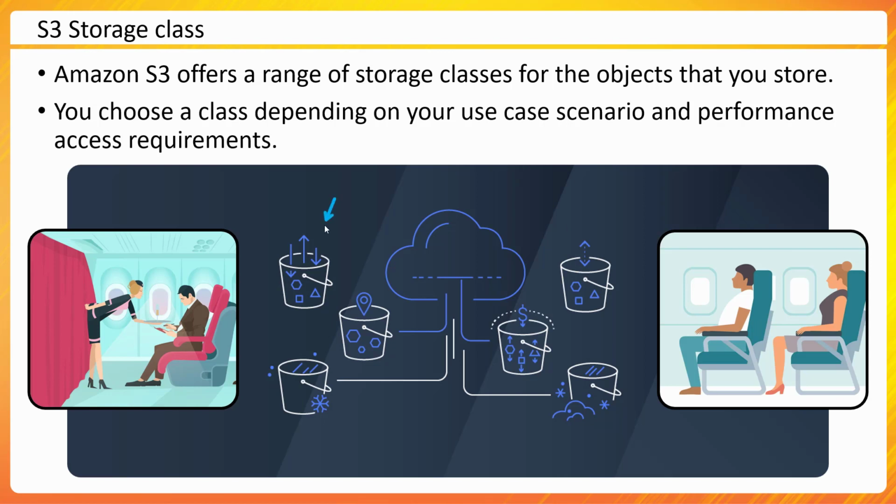What you see here are icons representing different classes of Amazon S3 which are available. This one is representing the standard class. This one is representing the S3 class called Glacier, and this one will be representing your infrequent access class. I'll talk about these classes through an example so that you can relate these concepts to real life.